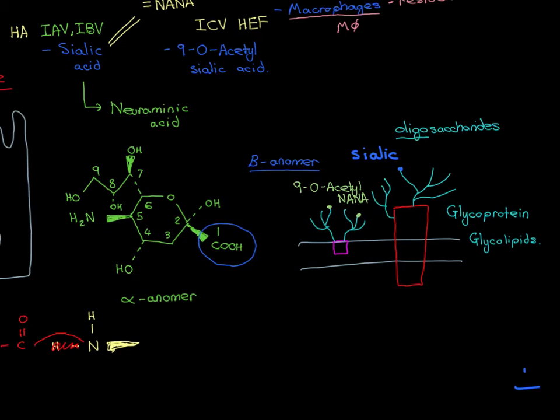So, my point here is that on the surface of the cell, you have lots of glycoproteins and glycolipids, which have these oligosaccharide chains. Now, some of those oligosaccharide chains, at the very terminal residue position, will have a sialic acid residue or a 9-O-acetyl sialic acid residue, and these are the sialic acid and the 9-O-acetyl sialic acid molecules that hemagglutinin of influenza A virus and influenza B virus and the hemagglutinin esterase fusion molecule of influenza C virus can bind to respectively.